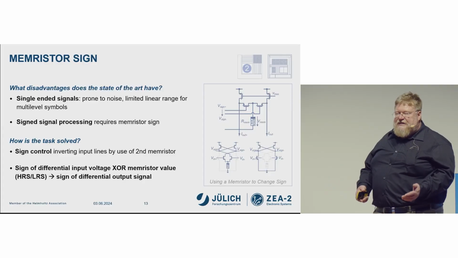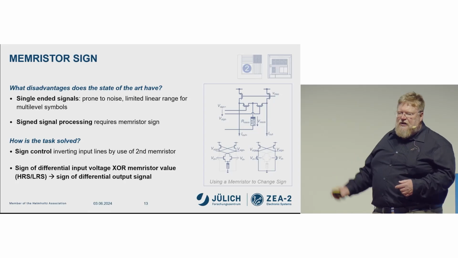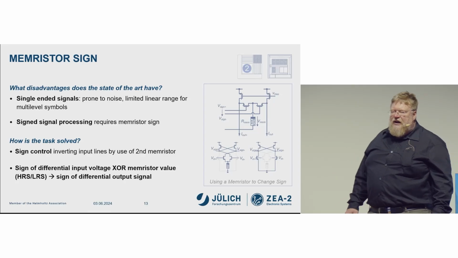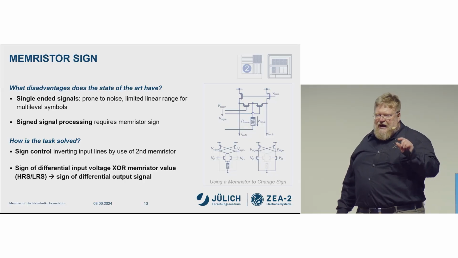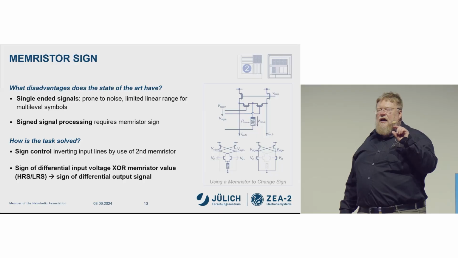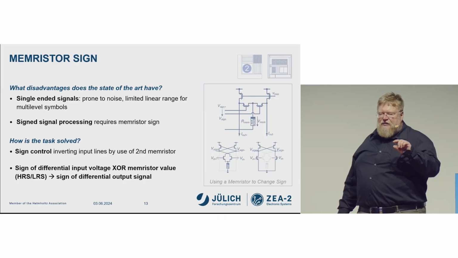But what you can do is add another memristor and another small circuitry, which are shown here on the lower side of the picture on the right side. This circuitry changes the sign of the input voltage. So it does nothing to the memristor itself, but if you assume that you have a differential input voltage because you want to have a sign, then with this memristor value, you change the sign of the input voltage.